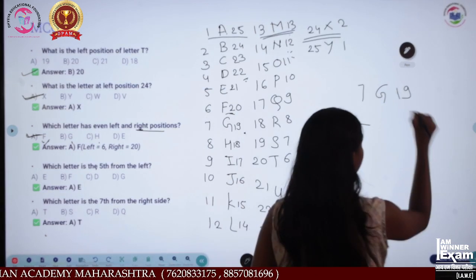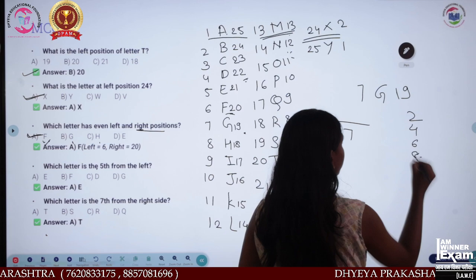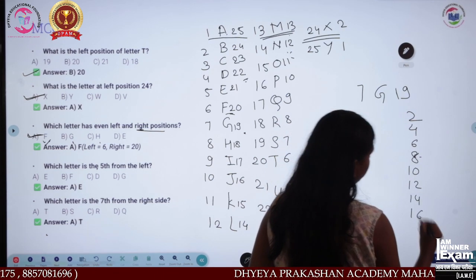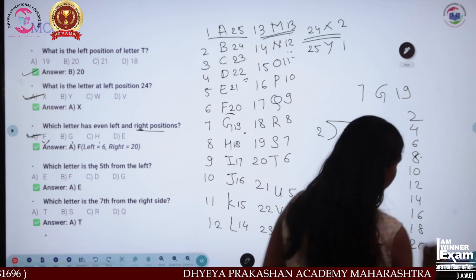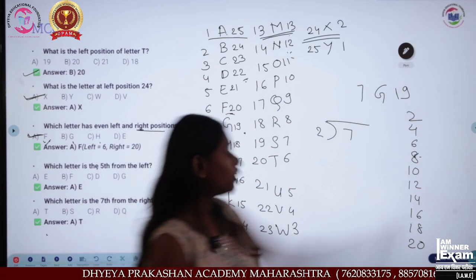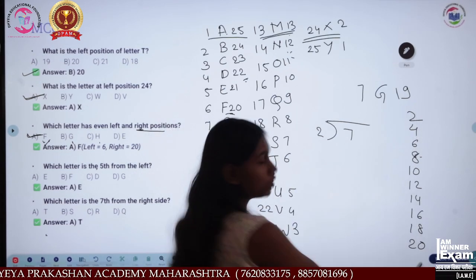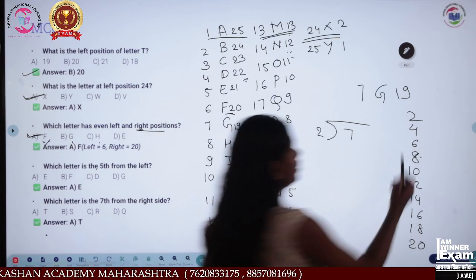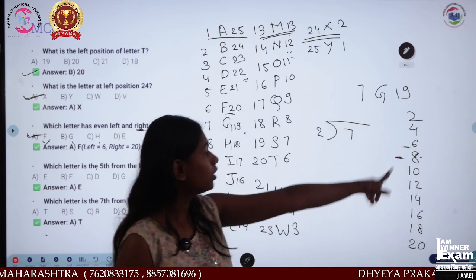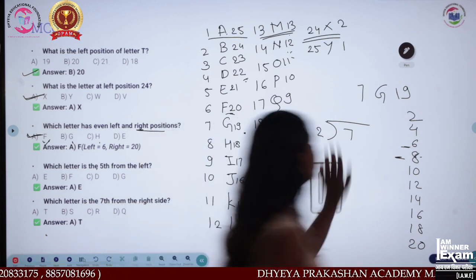What is the 2's table? 2 1s are 2, 2 2s are 4, 2 3s are 6, 2 4s are 8, 2 5s are 10, 2 6s are 12, 2 7s are 14, 2 8s are 16, 2 9s are 18 and 2 10s are 20. So this is the table of 2. Now let's search if we get 7 here. There is no 7, right? The numbers are 6 and 8, one smaller than 7 and one bigger than 7. So 7 is not divisible by 2.